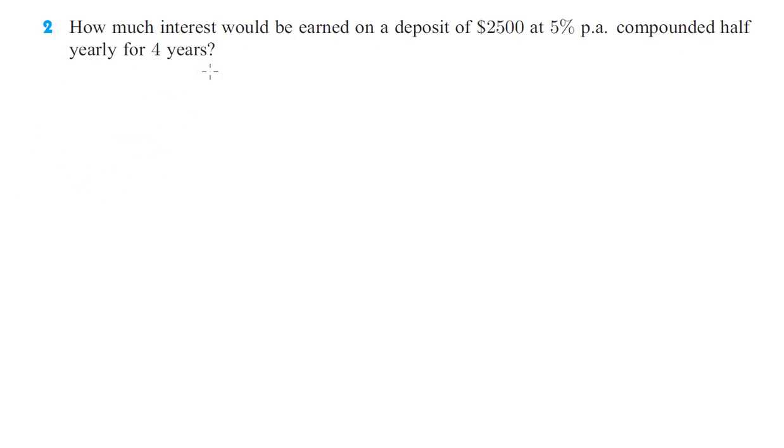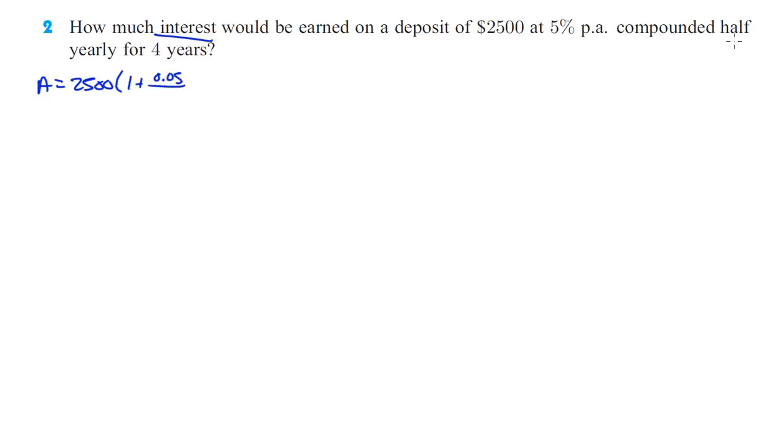How much interest? Again, you got to pay attention to what they're asking you. How much interest would be earned on a deposit of $2,500 at 5% per annum, compounded half yearly for 4 years? So, A equals original investment of $2,500 times 1 plus 5% is 0.05.